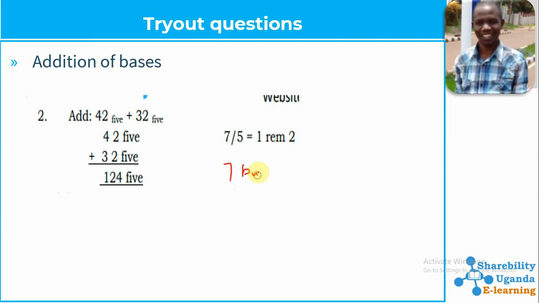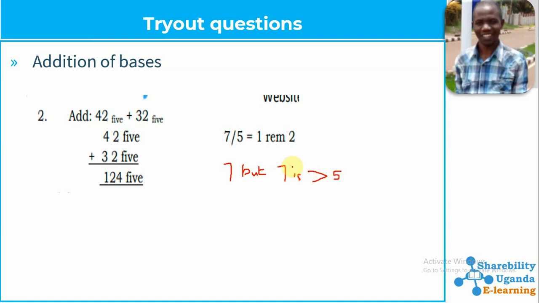But 7 is greater than, and this symbol means greater than. 7 is greater than our base, which is 5.